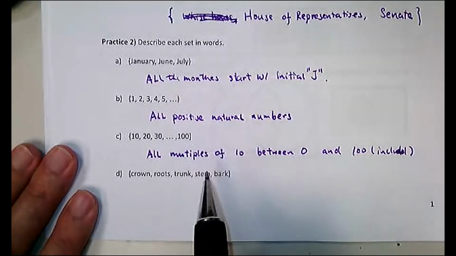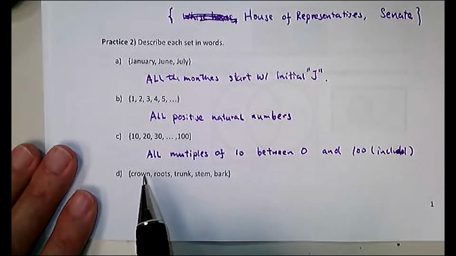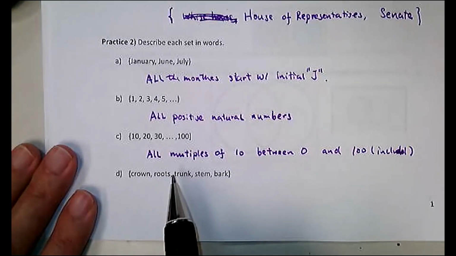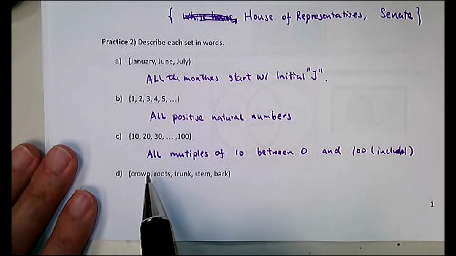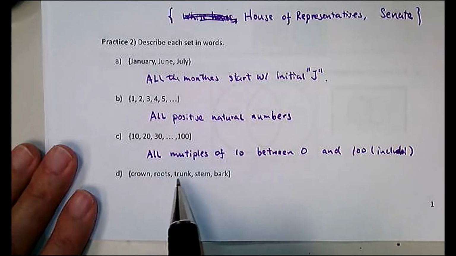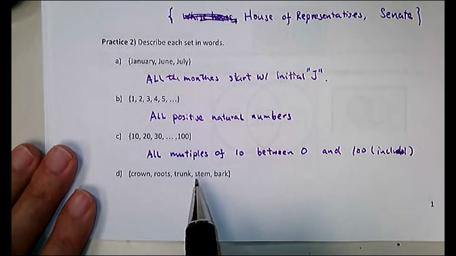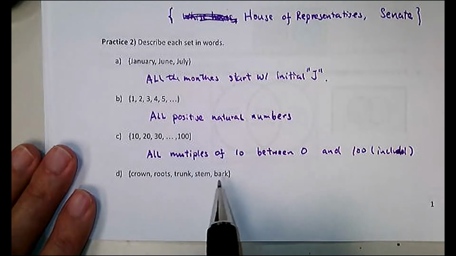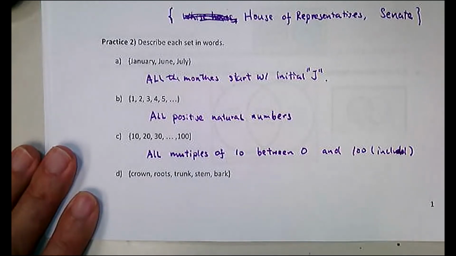Let's continue. The last one is a little bit about biology: crown, roots, trunk, stem, bark. Do we have any kind of biology here? Oh, I remember, this is math for liberal arts, so we don't have any biology here.